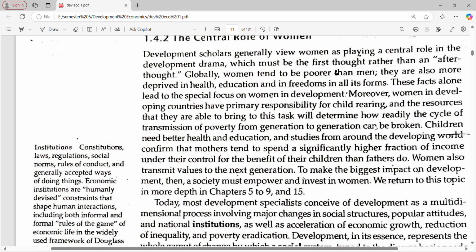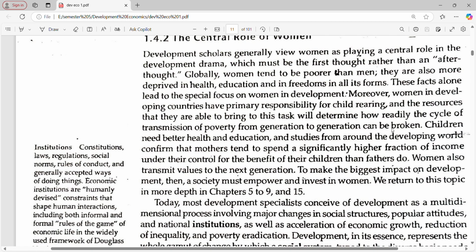They also bear the primary responsibility of child rearing in developing countries, and their ability to invest in their children's well-being is key to reducing generational poverty. Studies show that women tend to allocate a higher portion of their income to their children's needs compared to men. So we can say empowering women therefore has a significant impact on development.